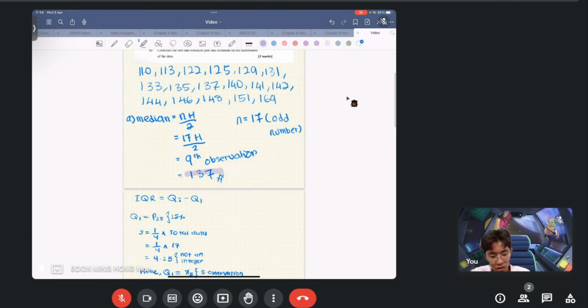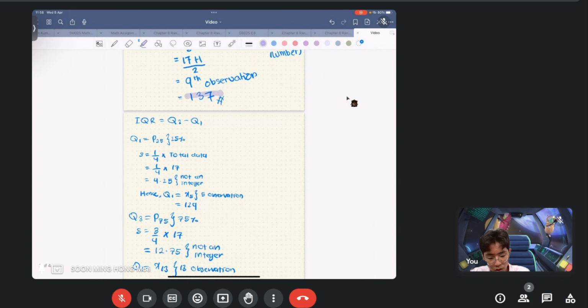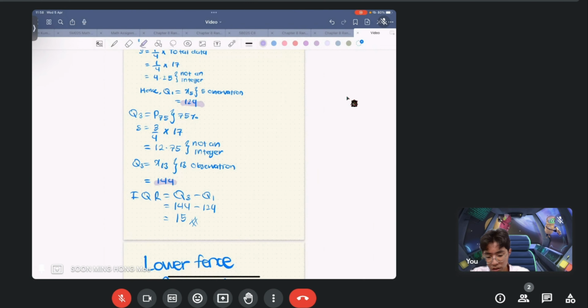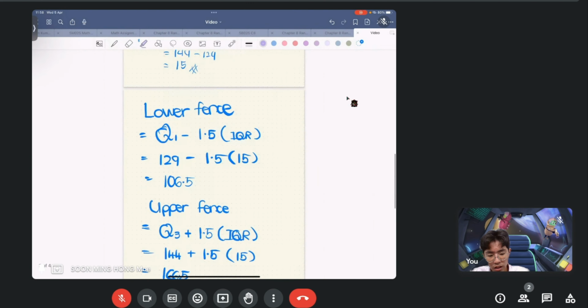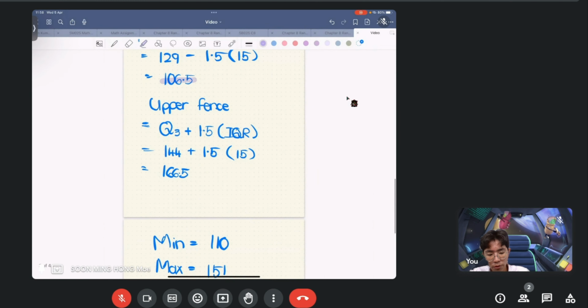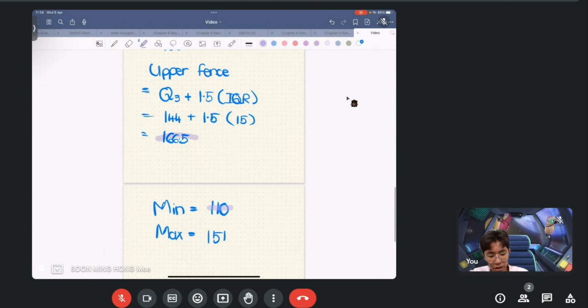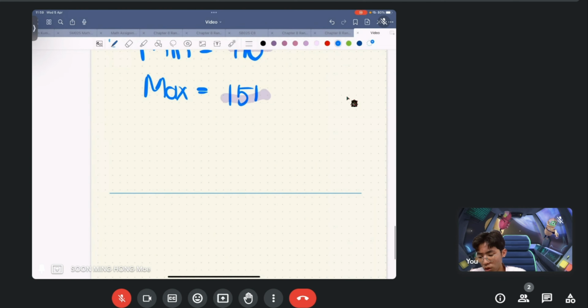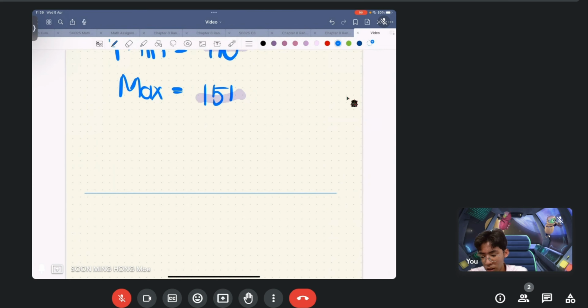Okay, so to construct a box and whisker plot, we need median, Q1 and Q3, and lower fence, upper fence, and maximum and minimum. Okay, so we have all of this. Now we can draw our box and whisker plot. Then we draw our Q1 and Q3 first.